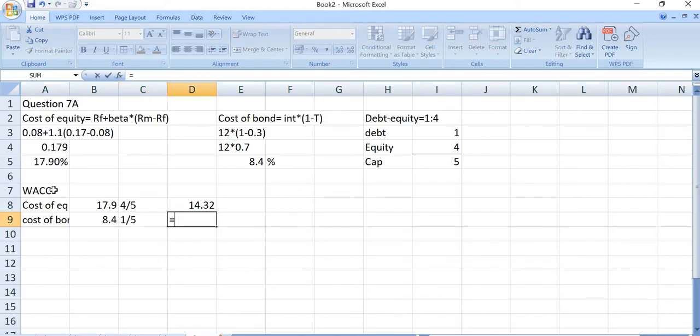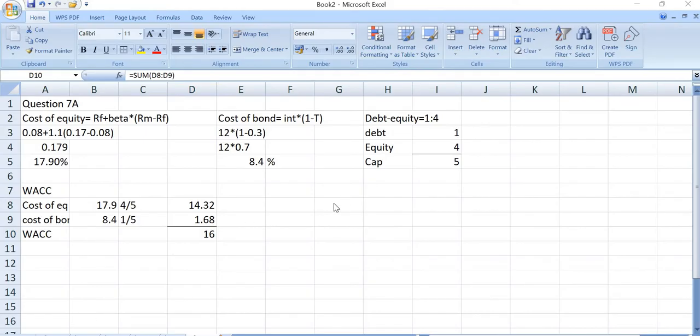So 8.4 into 1 by 5. Together we have weighted average cost as 16 percentage. Here we are multiplying by the weight. So my WACC is 16 percentage. Okay, fine, so we have WACC.